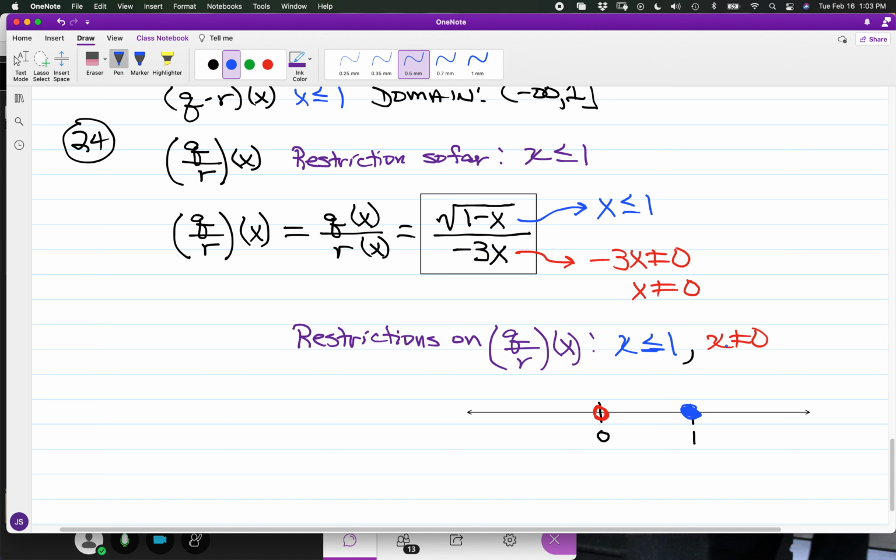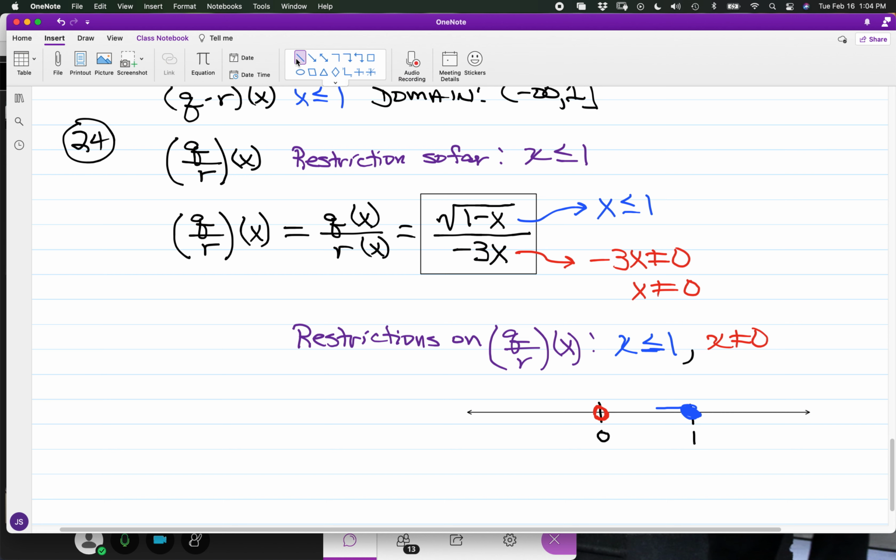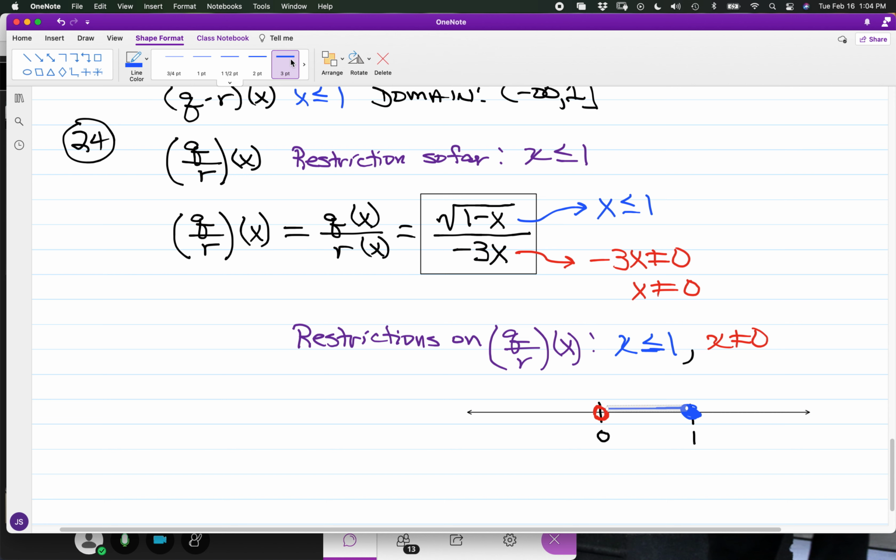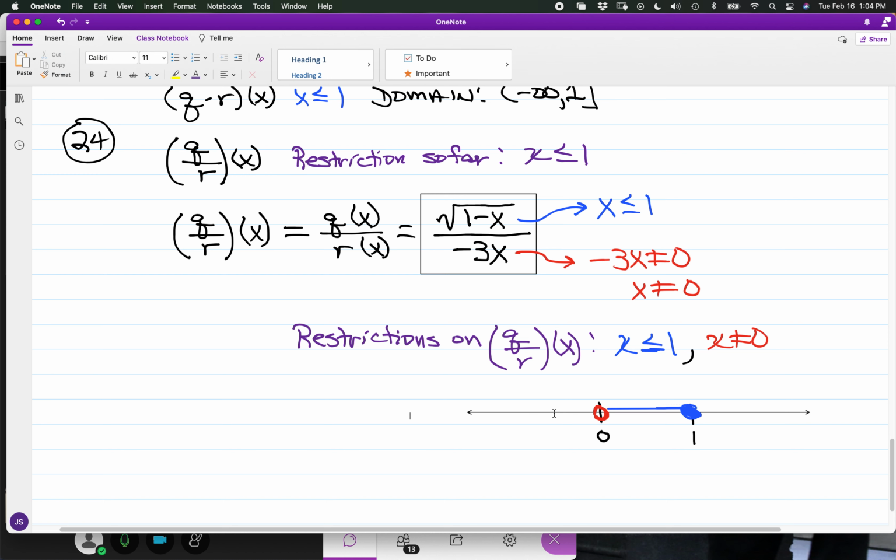Had it not been for the added stipulation that x cannot be 0, I would have a ray going continuously to the left. But for what actually occurs, you're just going to have a line segment going out to the left from 1 to 0.